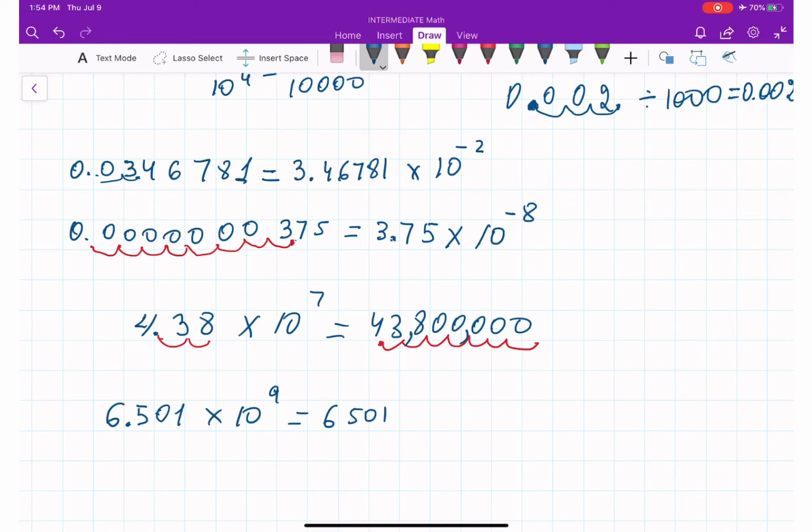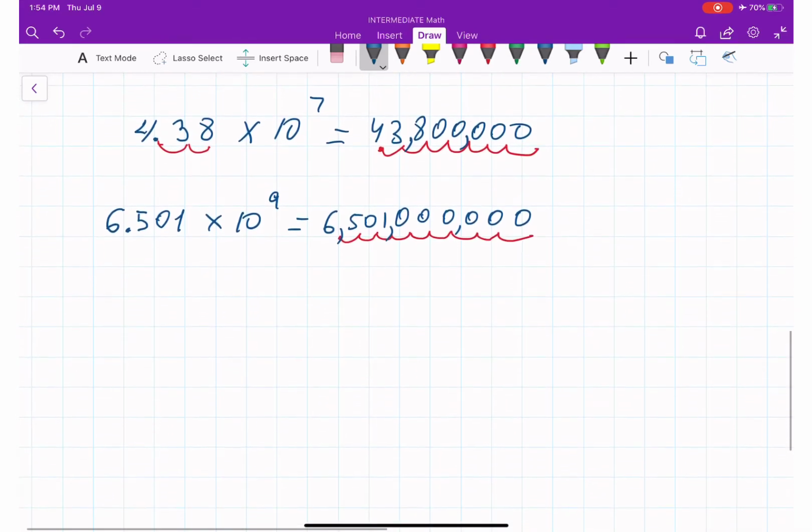So another 6 zeros, 1, 2, 3, 4, 5, 6 zeros. Let's see. I had 5 here, right? And then going 1, 2, 3, 4, 5, 6, 7, 8, 9. Okay, so 1, 2, 3, 1, 2, 3, 1, 2, 3. So 6,501,000,000, and that will be the number. Oh, how much I would love to put a dollar sign in front of it. That would be nice.